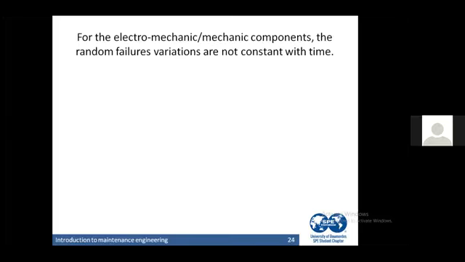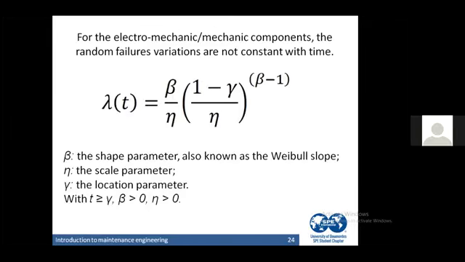However, in the case of mechanic and electromechanic components or equipment, the failure variation is not constant and is varying randomly. And to have the correct answer for that question, we need to use the Weibull law. And this is the Weibull law.